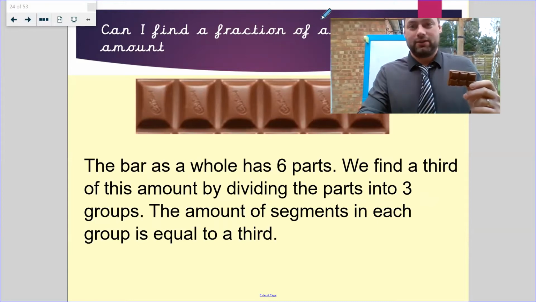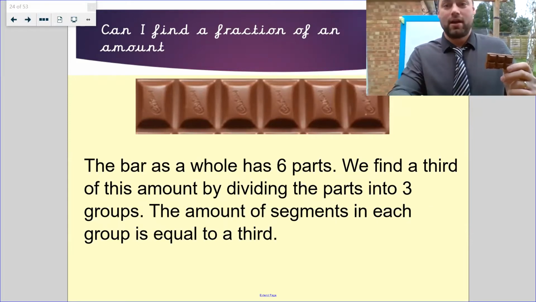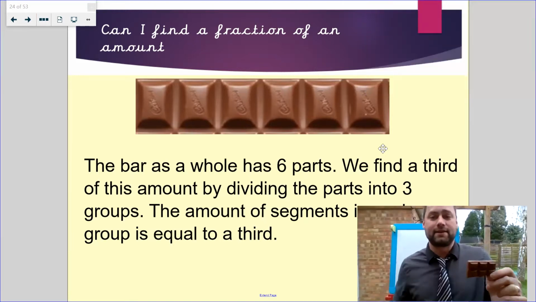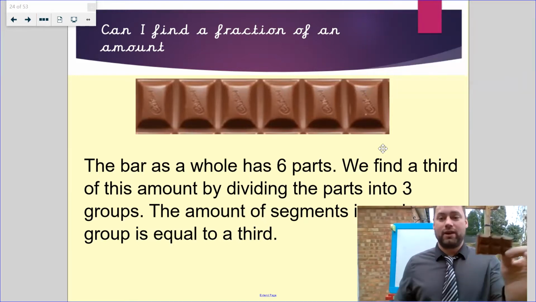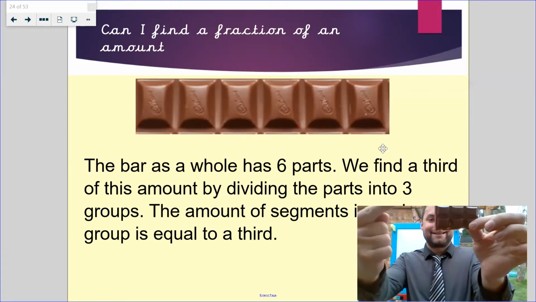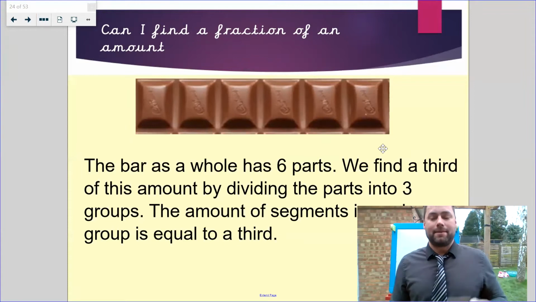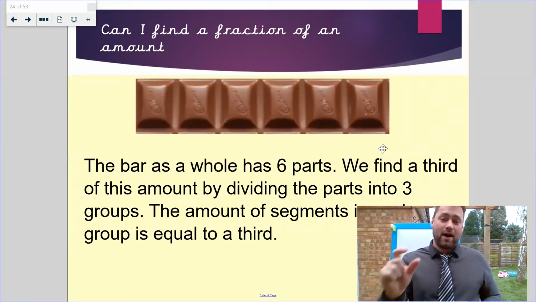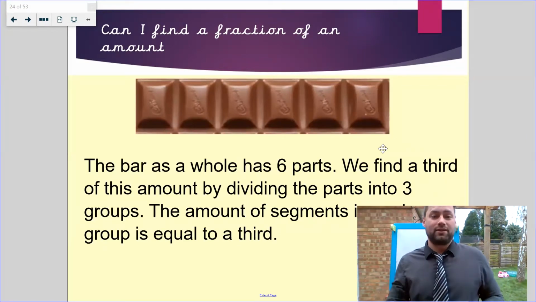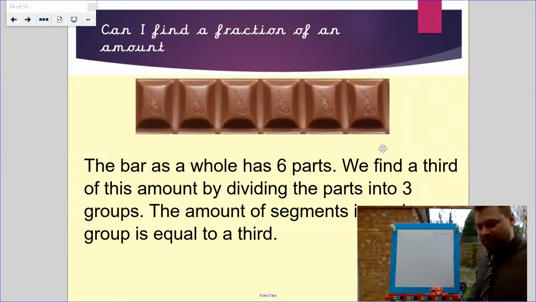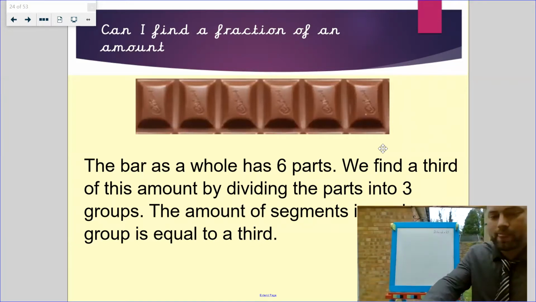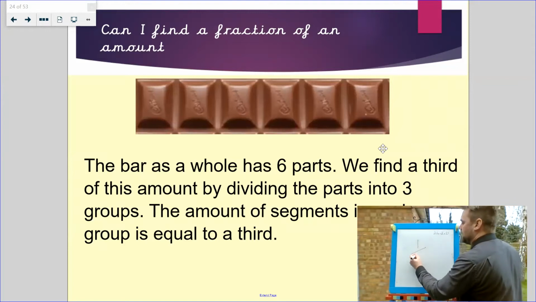The first thing we need to do is look at how many parts our chocolate bar actually has. So in our chocolate bar on the screen and here what I'm holding, we have 6 parts that make up our whole. Now to find a third, to find out what 1 over 3 is, we have a look at our fraction. Our fraction was 1 over 3.